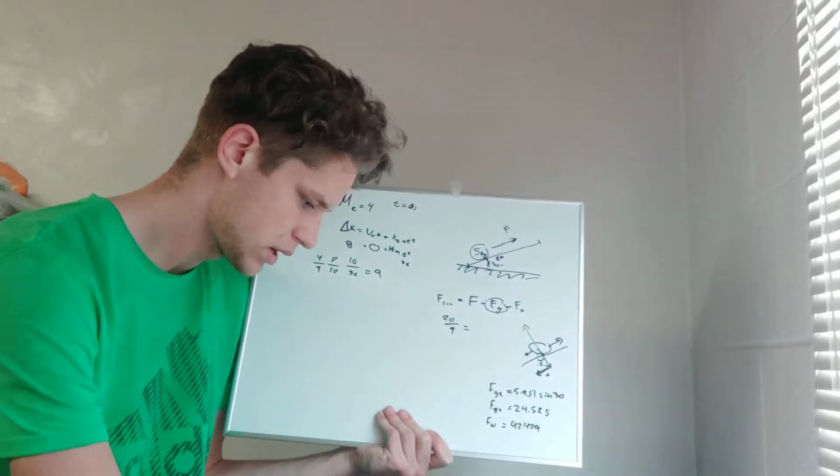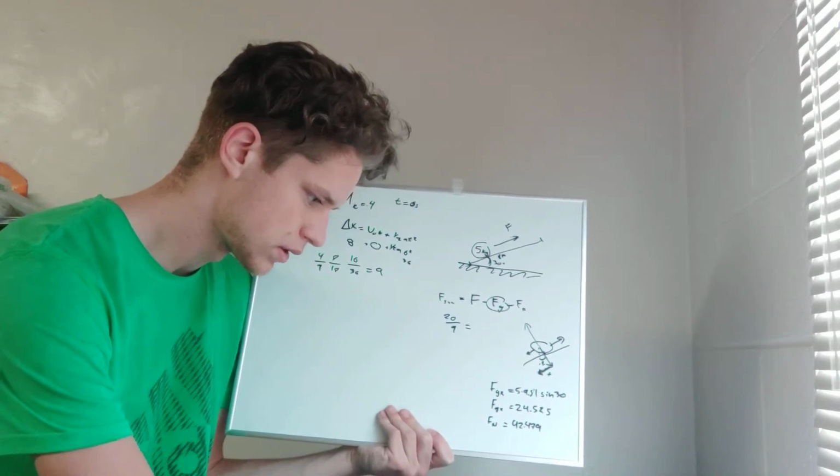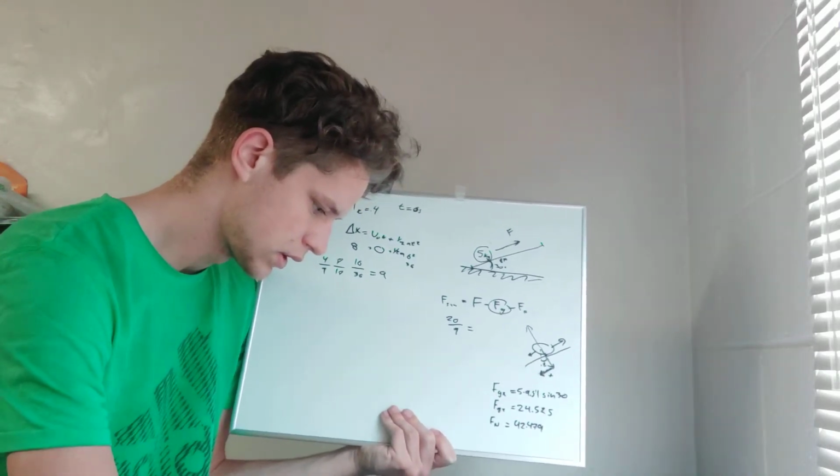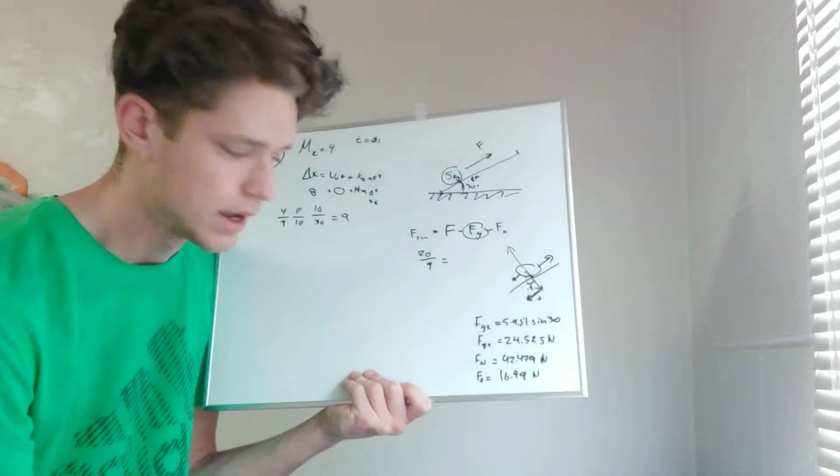So the force of friction equals 16.99 newtons. These are all newtons, by the way. I just haven't been writing units, so they're on there now.